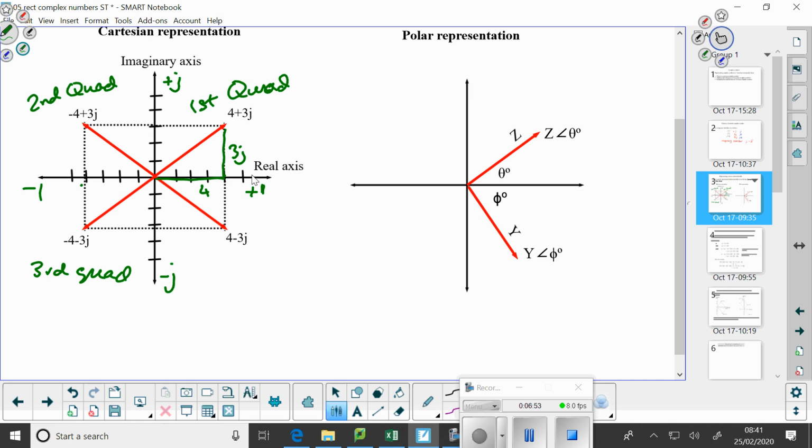And then in the fourth quadrant, the real term is positive, the j term is negative. So in those two parts, you can represent any angle and vector length around the whole 360-degree circle.